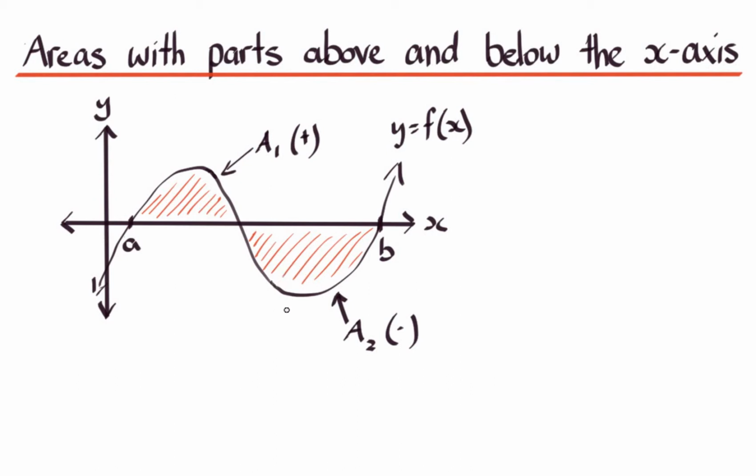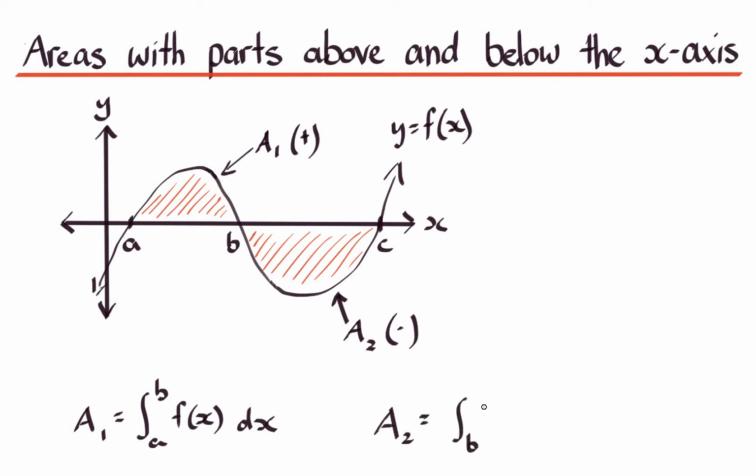So really what would be better is if we knew all three values here, and we'll call them a, b and c, and we worked out area 1 first as the integral of the function between a and b, and then we worked out area 2 separately, which is between b and c.